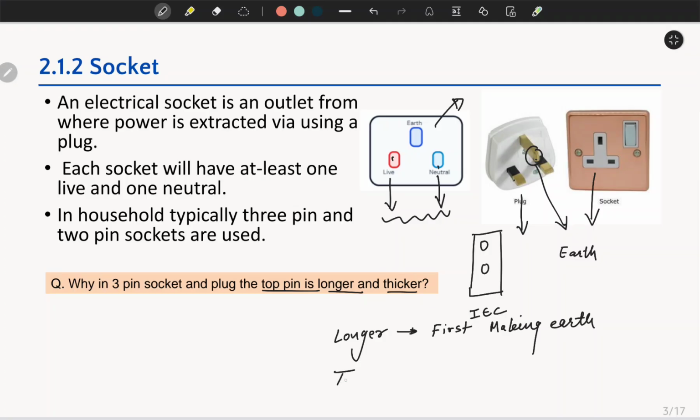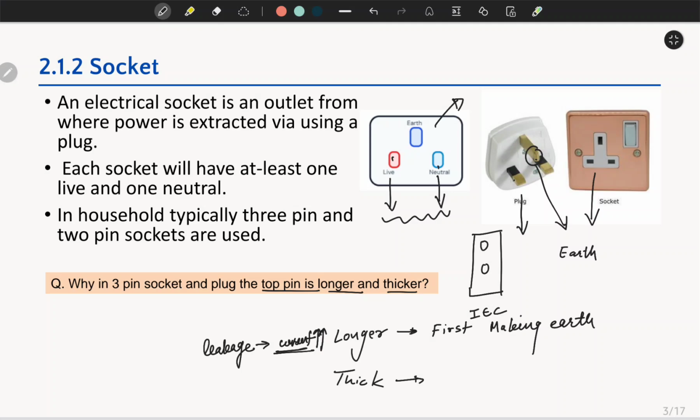Now, the reason for its thickness is that if there is any leakage due to any fault, then the current will be huge, very huge.